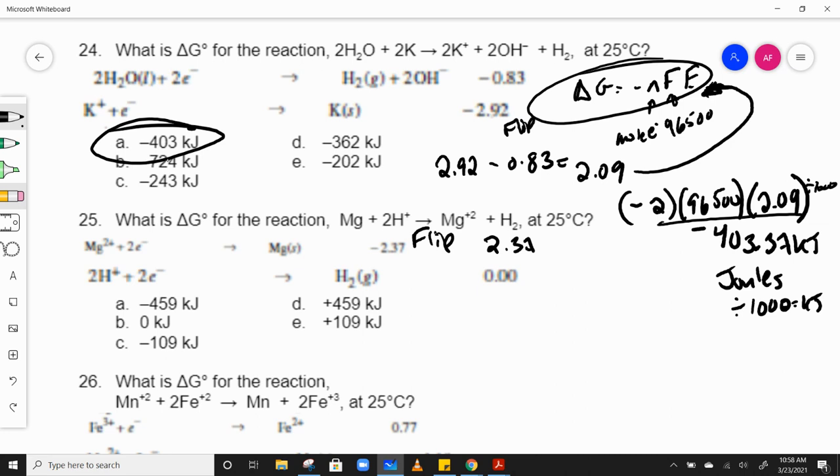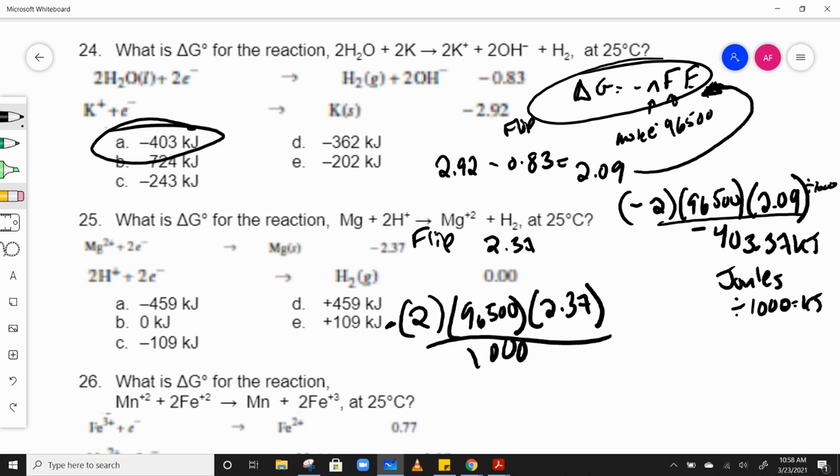You have 2 electrons, so negative 2 times F, 96,500, times E, 2.37. Then divide that by 1,000 to get it in kilojoules, because that's what they tell you to give the answer in. You actually get negative 457.4, but this is the closest answer, A. A is the closest answer there.